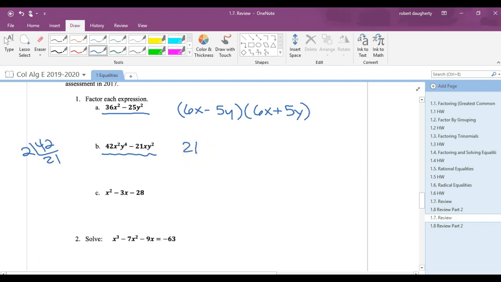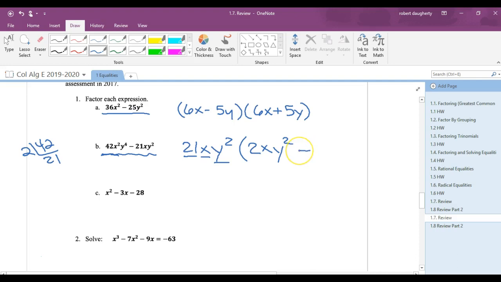Look at the x's, x squared and x. They have an x in common. Y squared, y fourth. They have a y squared in common. So what do you multiply 21 by to get 42? That's 2. What do you multiply x by to get x squared? That's x. What do you multiply y squared by to get y fourth? That's y squared.